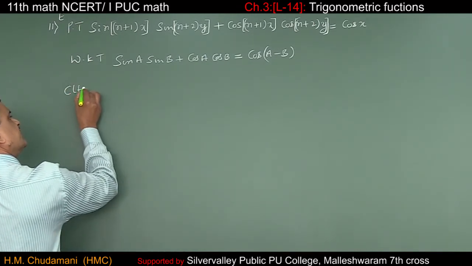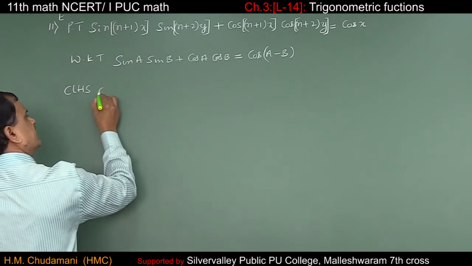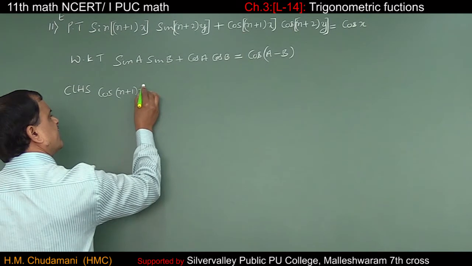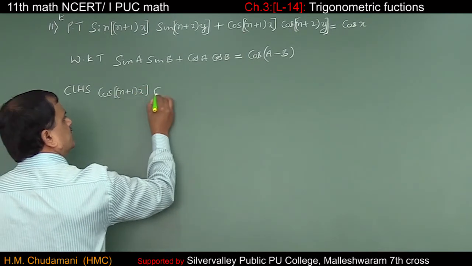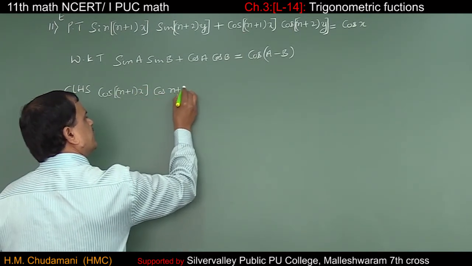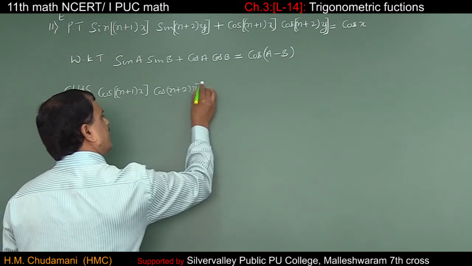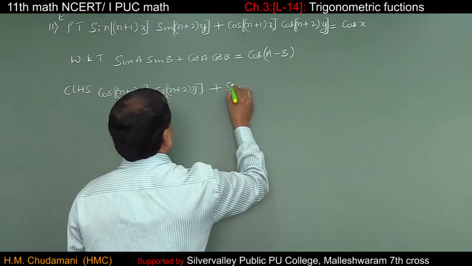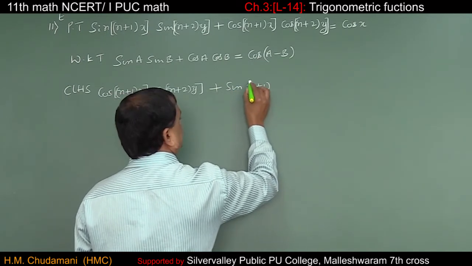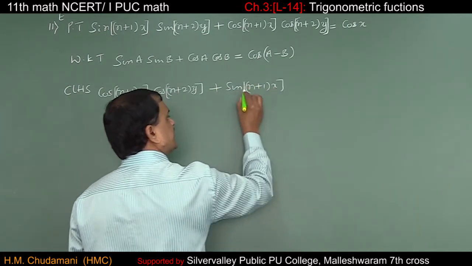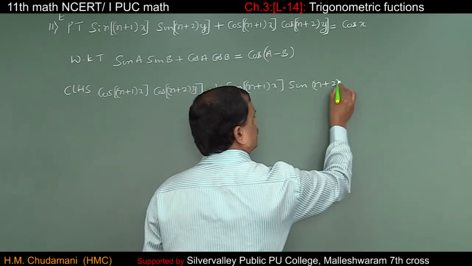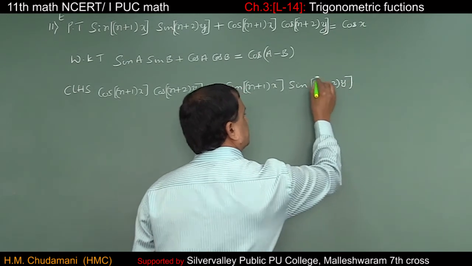So I just take the left hand side, that is cos of (n plus 1) times x into cos of (n plus 2) times y, cos A cos B, plus sin of (n plus 1) into x into sin of (n plus 2) into y. Look at this.